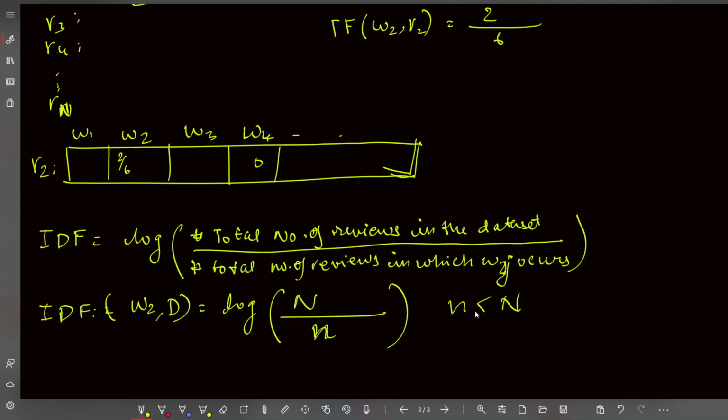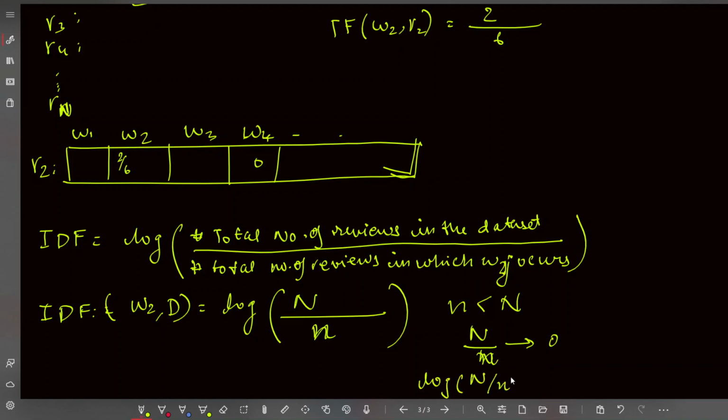So your small n will always be less than capital N, which means that N by n will tend to 0 as the small n increases, right? Which means that log of N by n would also tend to 0.